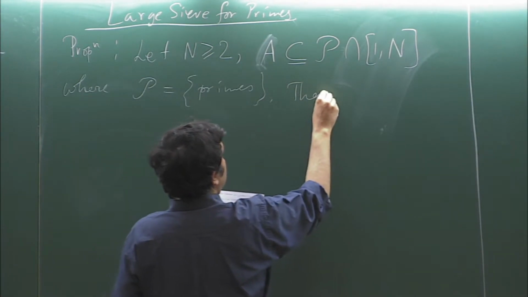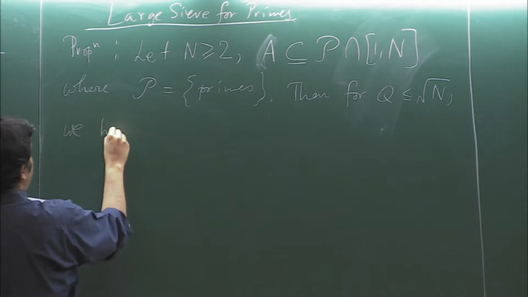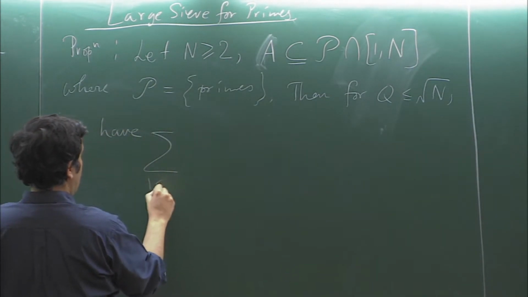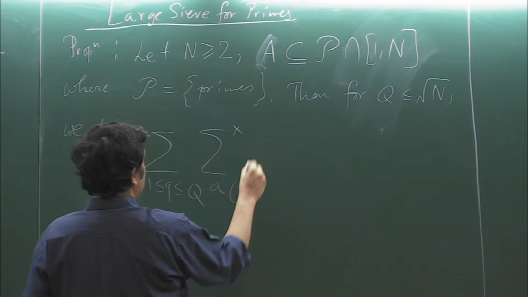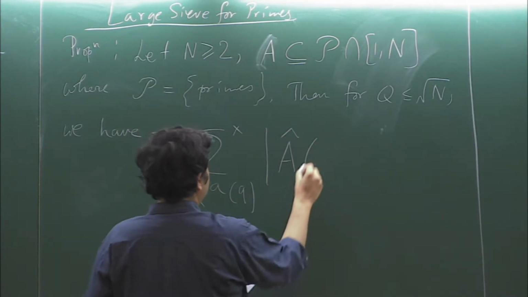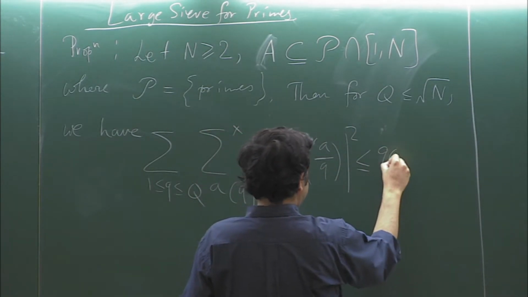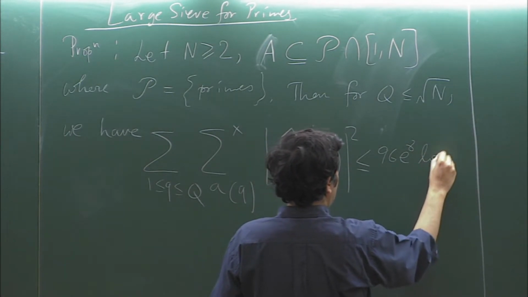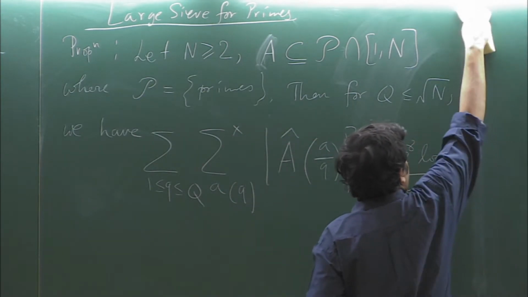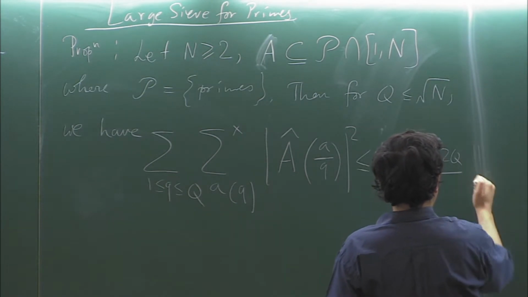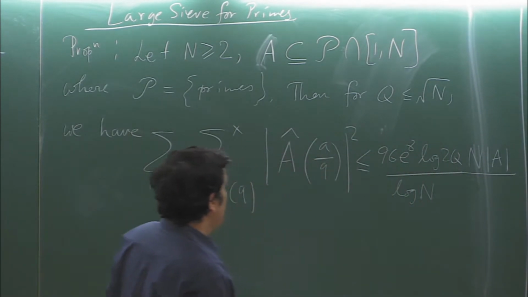Then for Q up to square root of N, we have the sum over q from 1 up to Q, a mod q, of |A hat(a/q)| squared is bounded by 96 e^gamma log 2Q divided by log N times N times the size of A. What is A hat?